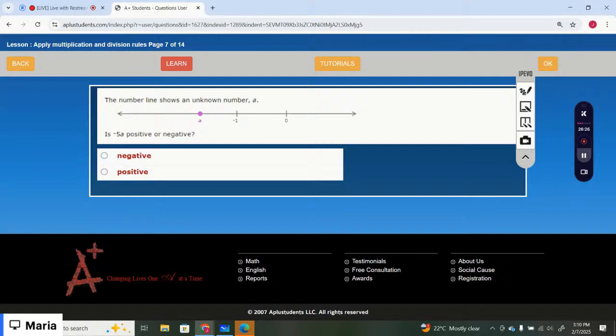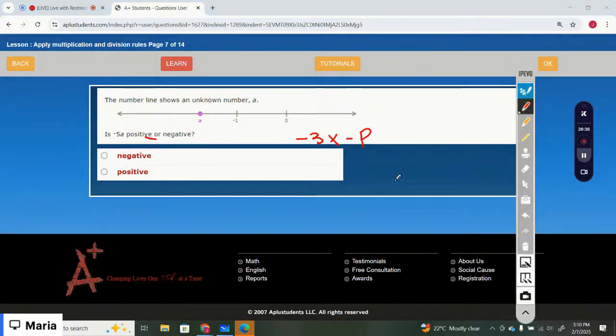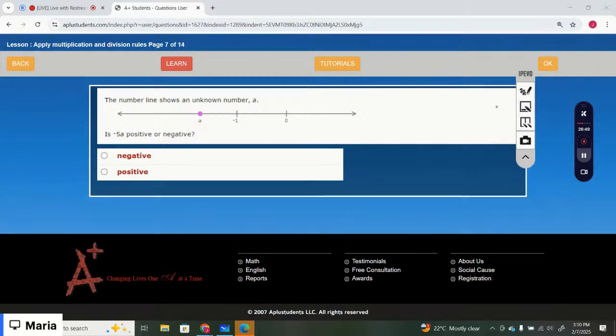A is already a negative number because it is on the left hand side of 0. So negative 5 times a negative number is positive. The product of two negative numbers is positive. The correct option is option number 2.